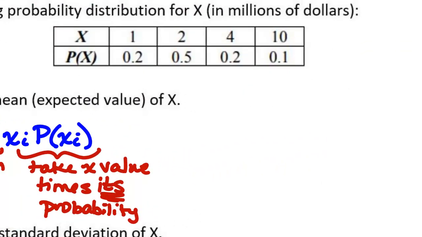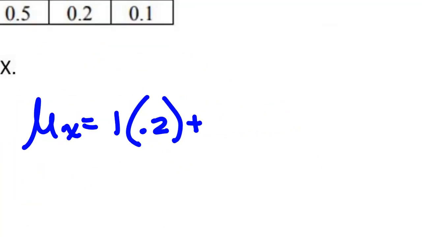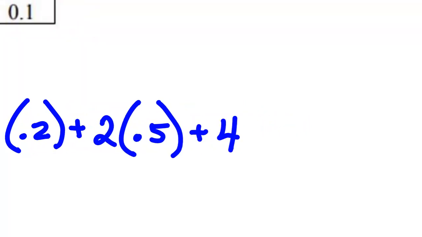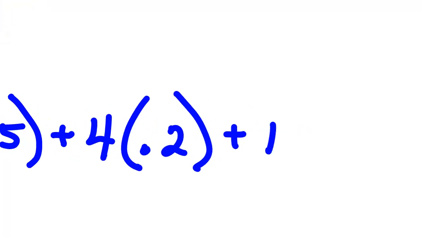So what we're going to do to find our expected value or our mean, I'm going to take the X value of 1, multiply it by 0.2, plus take the X value of 2, multiply it by 0.5, plus take the X value of 4, multiply it by 0.2, plus take the X value of 10, multiply it by 0.1.